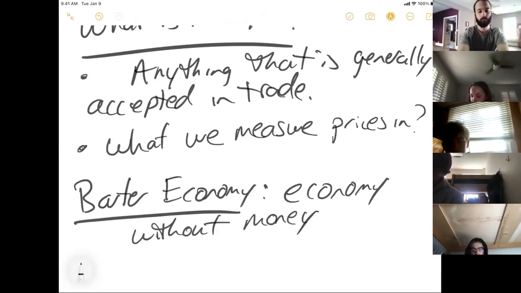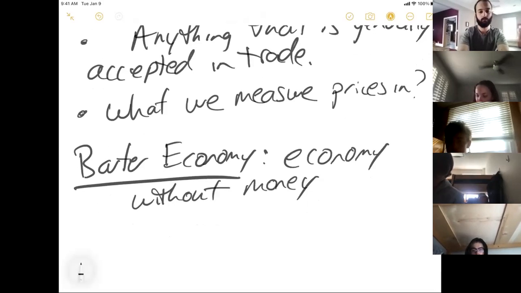However, barter economies almost never last for a couple of reasons. First off, you have to have an extremely simple economy for barter economies to work, right? It has to be very simple. Once it starts to get more complex, the difficulty of trading goods for goods becomes astronomical.